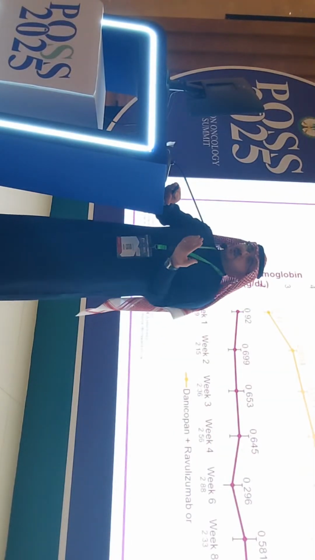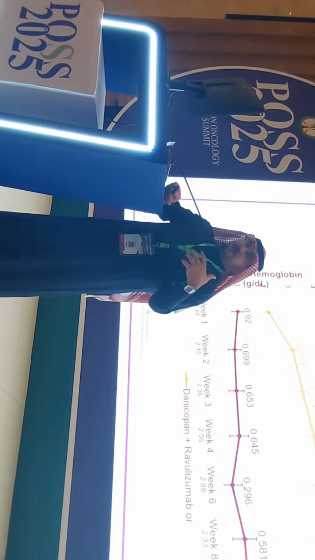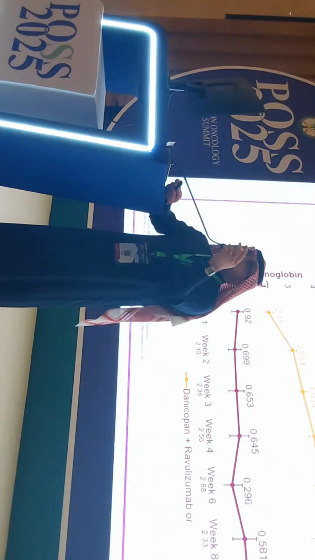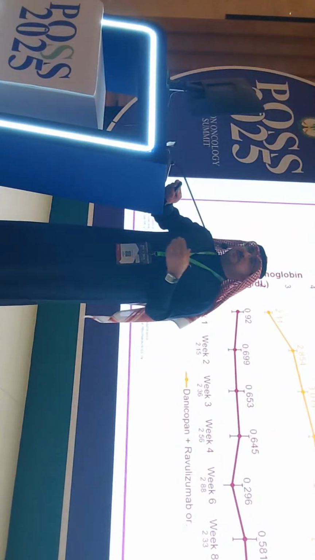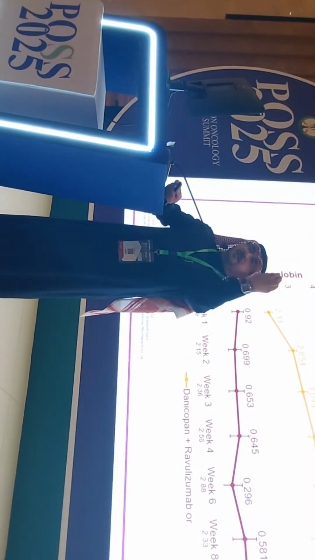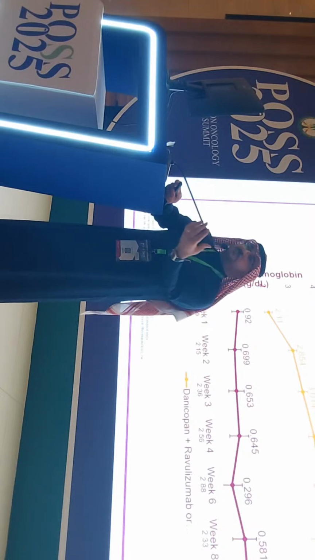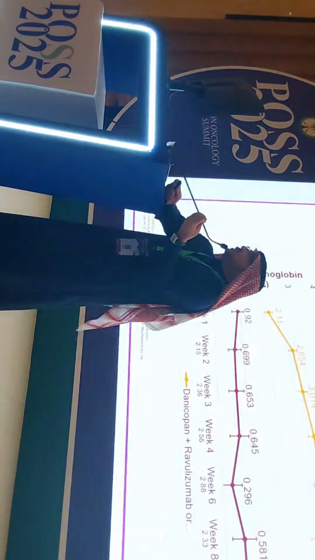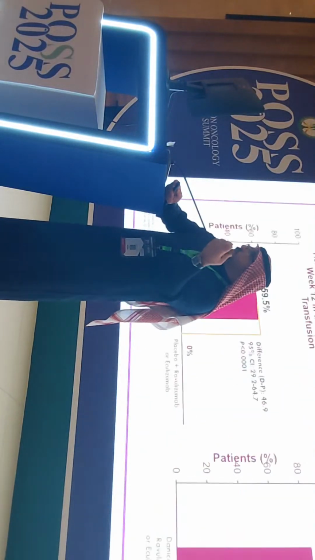And this is the hemoglobin rise since the randomization. Patients in the yellow curve, who have been given danicopan in addition to C5 inhibitor, have increased their hemoglobin concentration by more than 2.